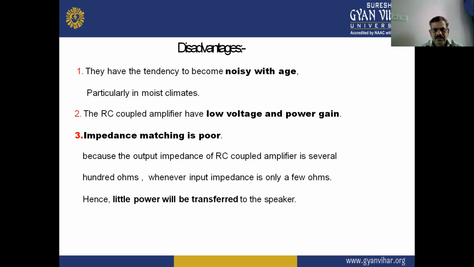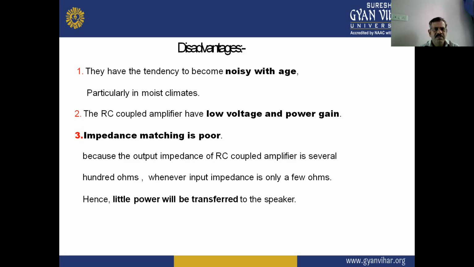these multi-stage amplifiers. And we have some disadvantages of these cascade or multi-stage amplifiers here. They have the tendency to become noisy with age, particularly in moist climate. The RC coupled amplifier has low voltage and power gain.